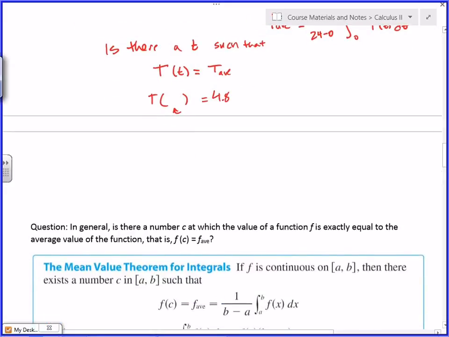In fact, let me just draw a picture for you. Let's say here's a, here's b. I have a function that does this.